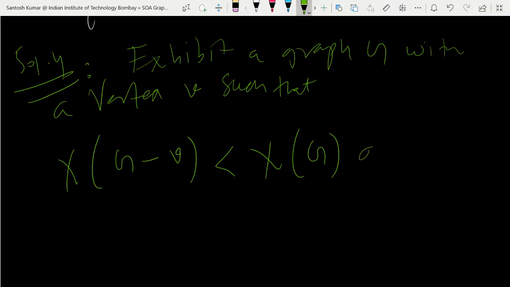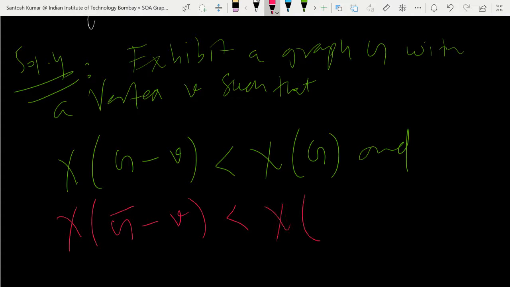And the other condition is that the chromatic number of the graph complement minus this vertex must be less than the chromatic number of G complement.